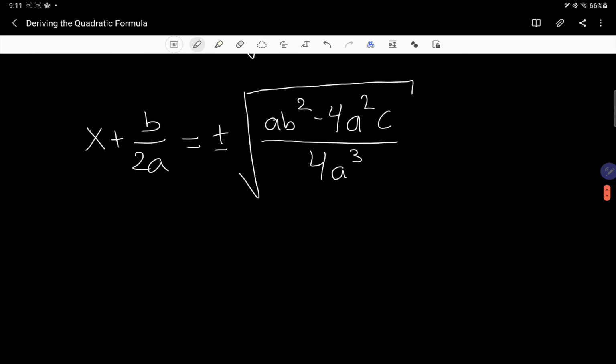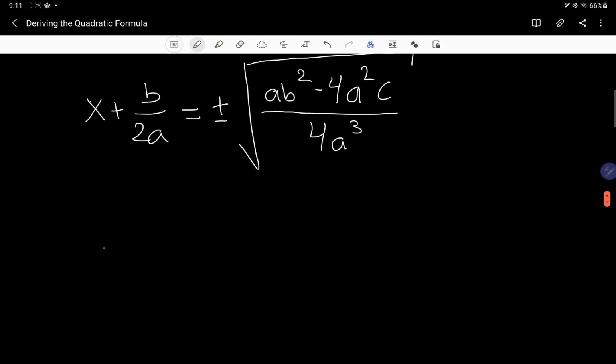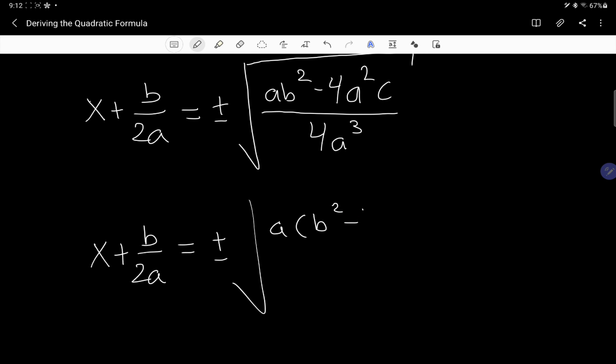Now, if you notice, we have an a in both terms up here and an a down here, or a cubed, but we can still factor an a from the numerator and cancel it with one of these down here. So if we do that, we get x plus b over 2a equals plus or minus the square root of a times b squared minus 4ac, just factoring out an a from right here.